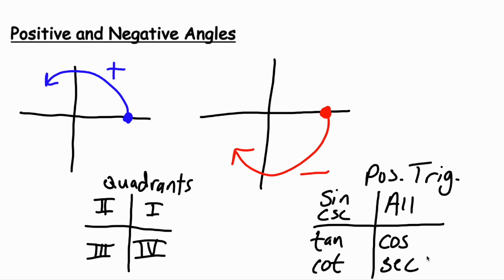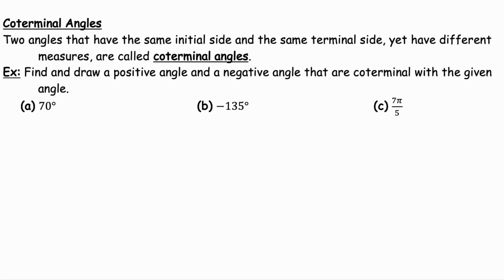And if we remember, or we will learn eventually, that sine will be related to the y-coordinate and cosine is related to the x-coordinate. So, your x-coordinates are positive in 1 and 4 and negative in 2 and 3, where your sine coordinates are positive in 1 and 2 and negative in 3 and 4. So just a couple extra things that are good to have down in our notes right here.